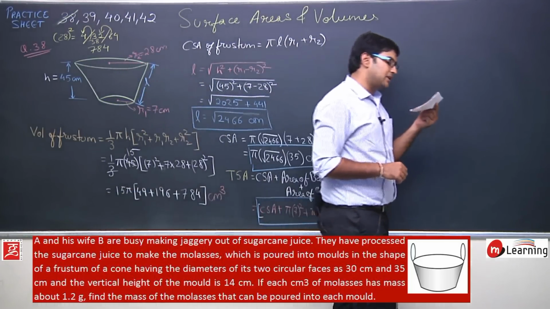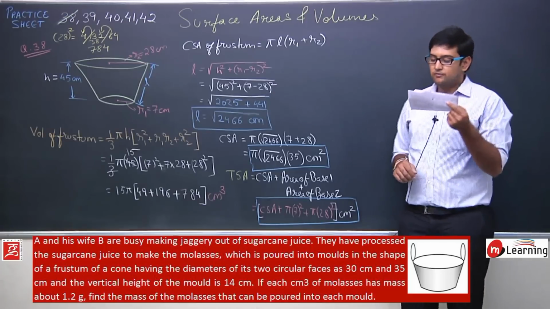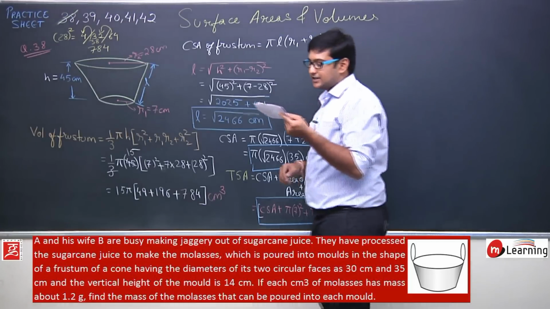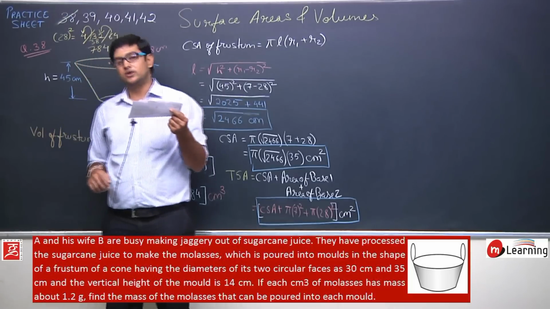If each centimeter cube of molasses has mass about 1.2 grams, find the mass of molasses that can be poured into each mold.